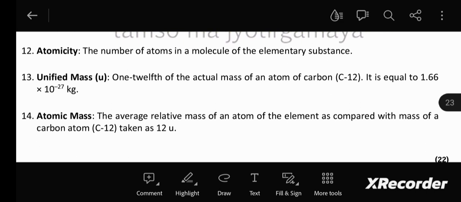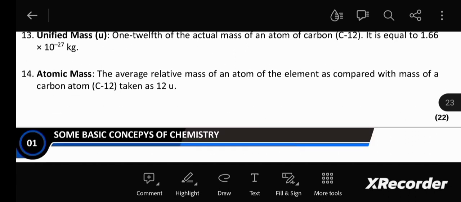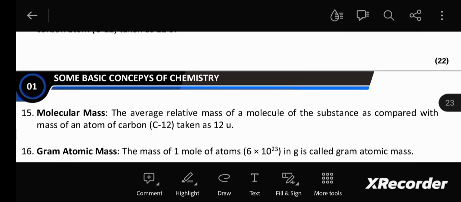Unified mass, 1/12 of the actual mass of an atom of carbon 12. It is equal to 1.66 × 10 to the power minus 27 kg. Atomic mass, average mass of an atom of the element as compared with the mass of carbon 12 taken as 12.